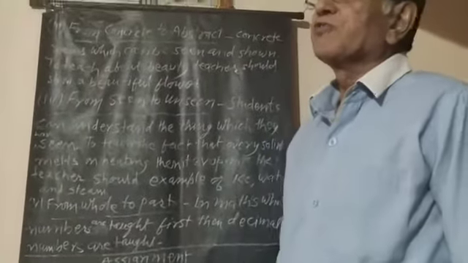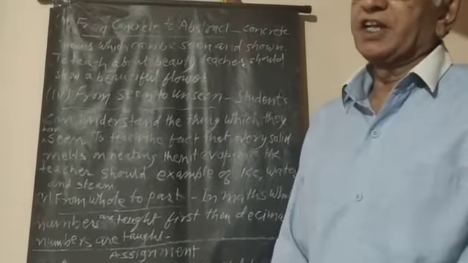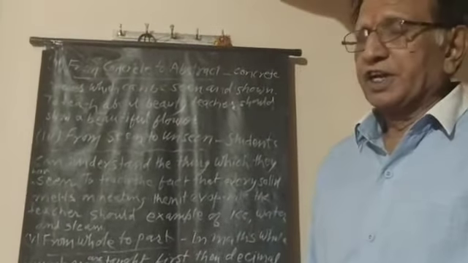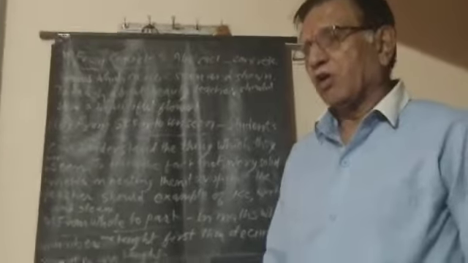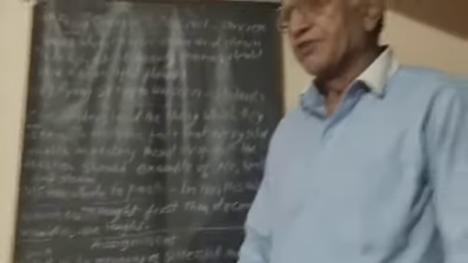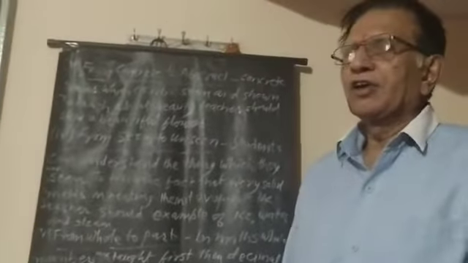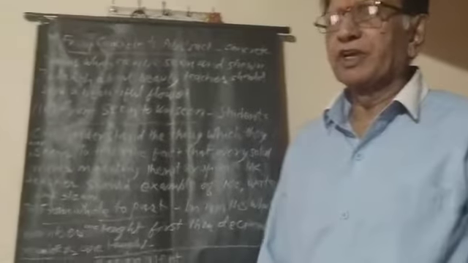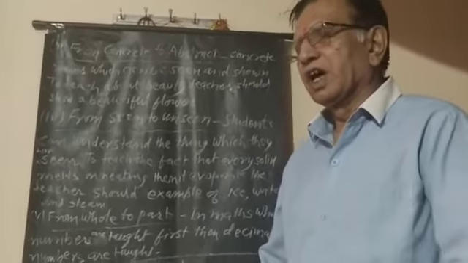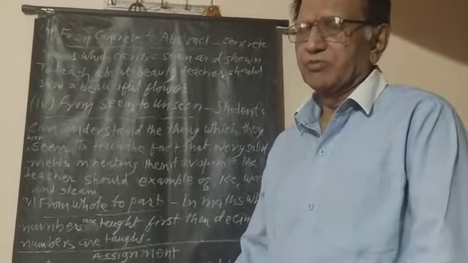For example, if in science the teacher wants to teach that all solids first on heating convert into liquid, and then on further heating the liquid converts into evaporation or steam.